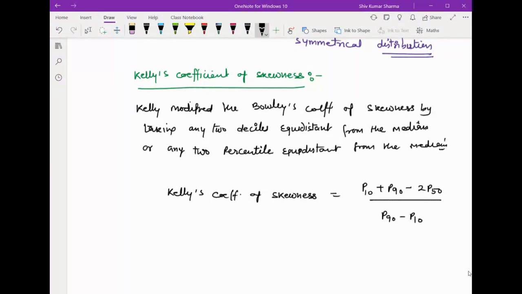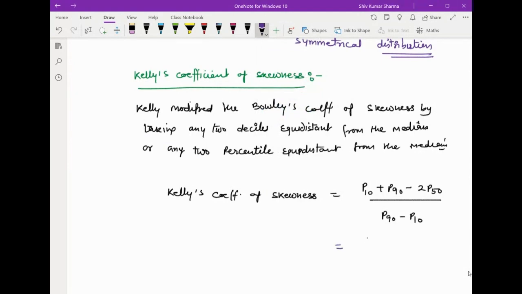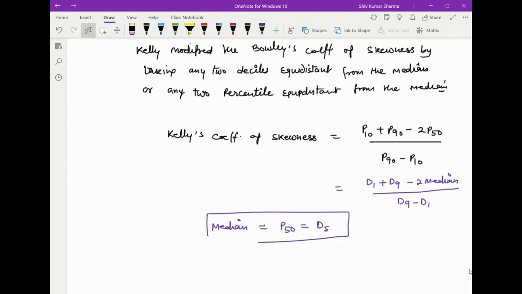For the decile case: D1 plus D9 minus twice the median upon D9 minus D1. The median means the 50th percentile and the 5th decile.